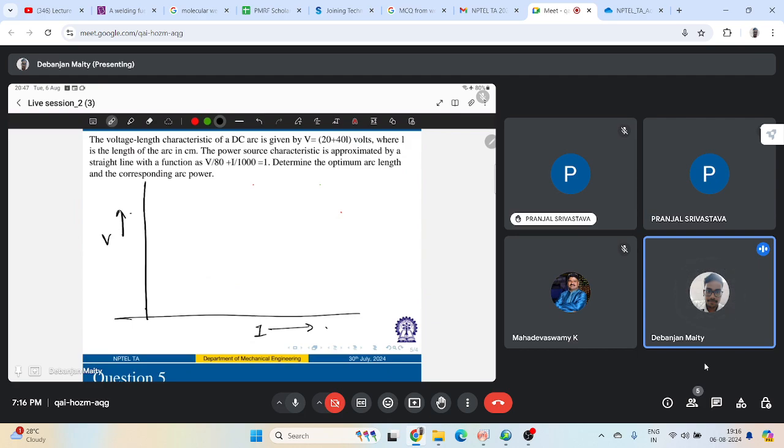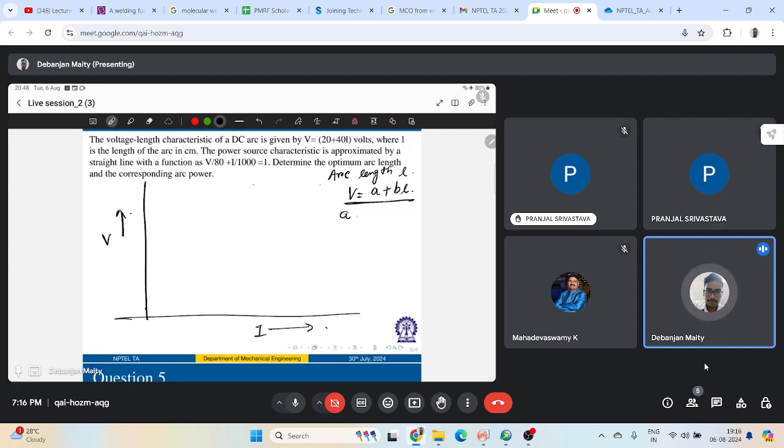Now, as a first approximation, we can assume that if your arc length is L, your voltage will vary linearly. So my V will be some constant plus some coefficient into L: V = A + BL. It will vary linearly with your arc length.